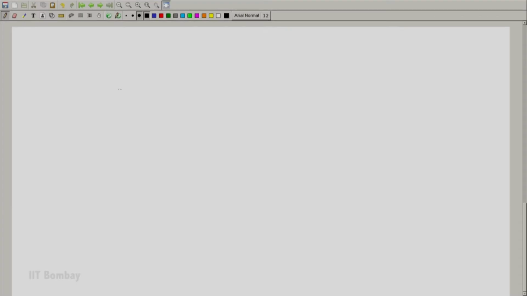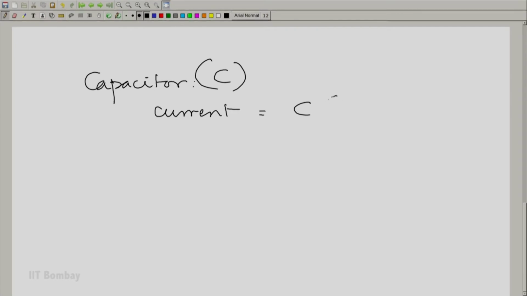Now, for this we will have to look at the equation that describes a capacitor, or the equation that describes anything that has a derivative operator embedded. Now, the current in a capacitor is related to the derivative of the voltage. Is that right? So, let us see. So, we have, for a capacitor, the current is, well, if the capacitance value is C, then the current is C dV/dt.